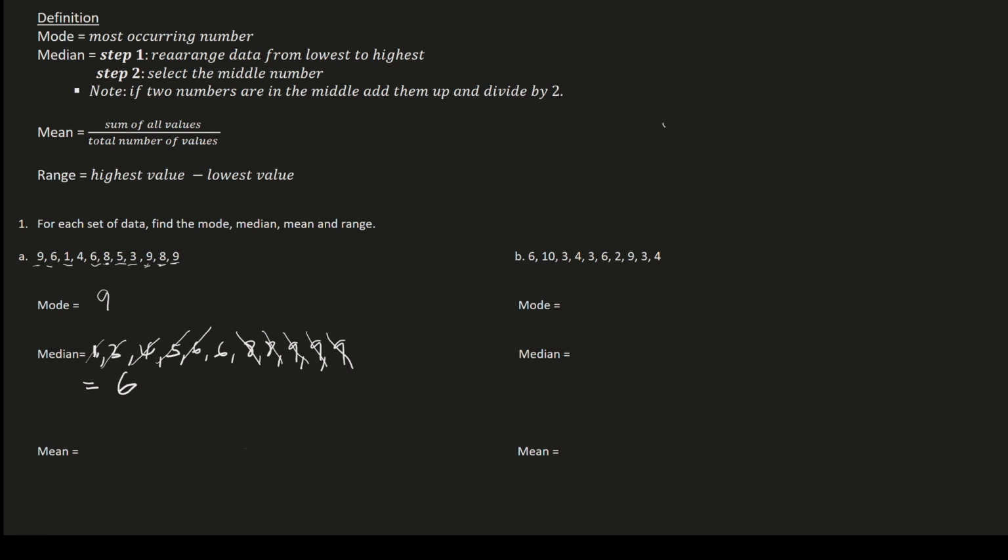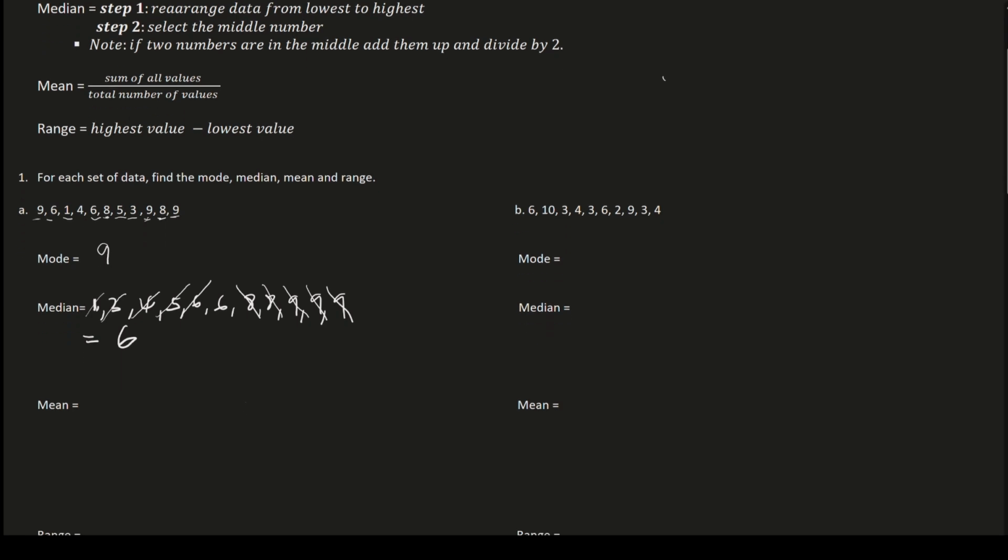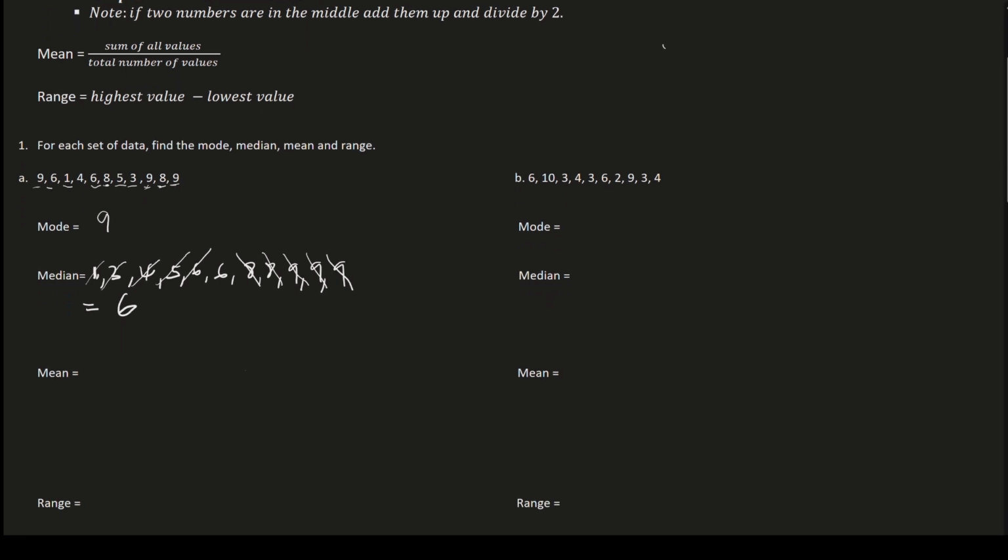Now the next thing to look out for is our mean. What is mean? Mean is sum of all values over total number of values. So sum of all values. I'll just use the rearranged data from the median.